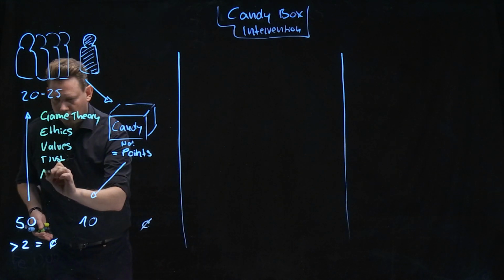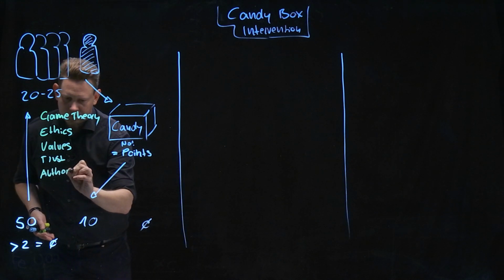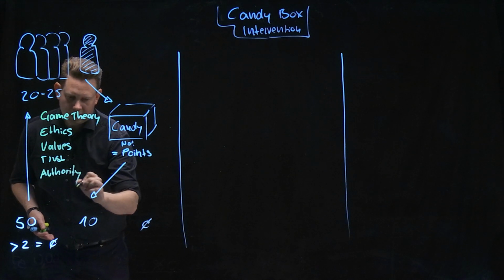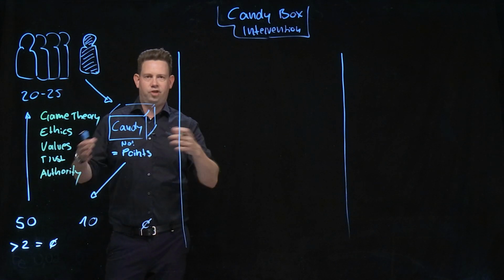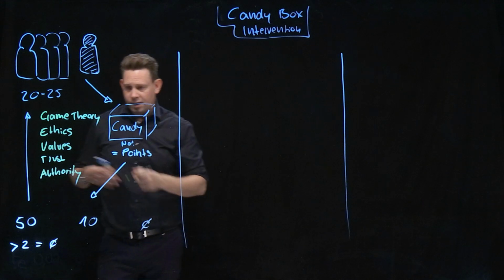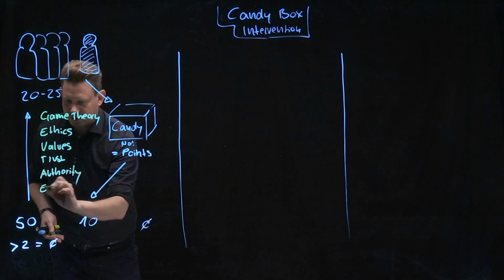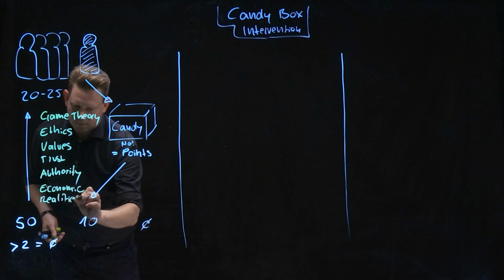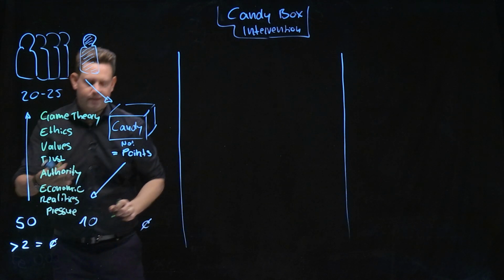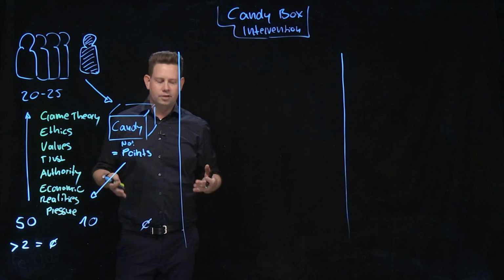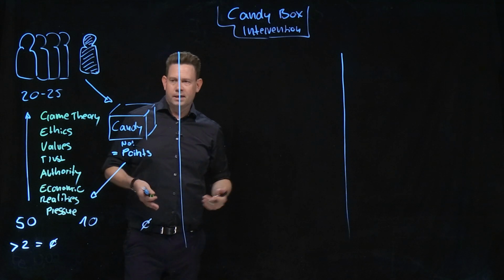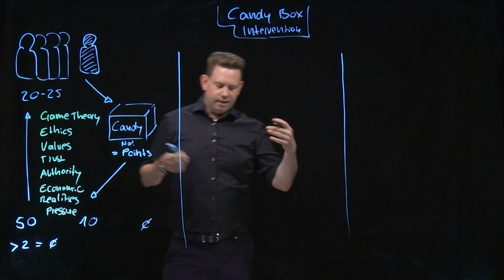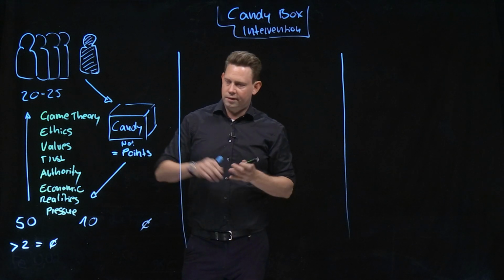We are talking about authority, and the question how authority can shape the behavior in a group. We are also dealing with economic realities, and pressure, because the students are pressured to get a good grade usually. Some other topics like compliance and so on and so forth are also in that.